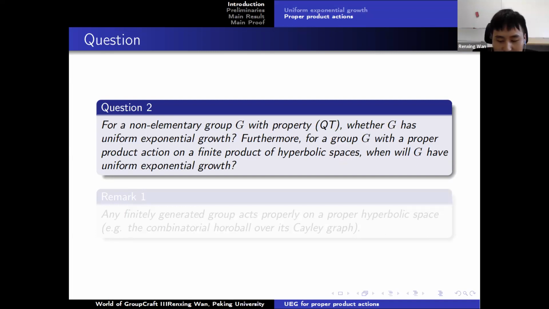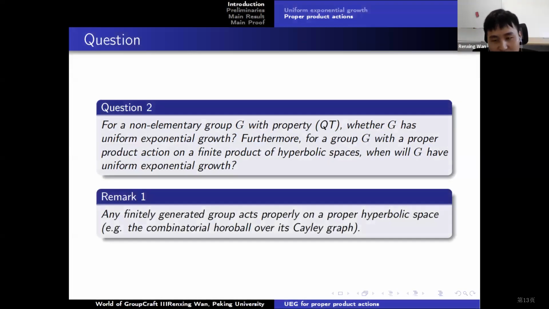Here is an interesting remark: any finitely generated group will act properly on a proper hyperbolic space. For example, you take the combinatorial horoball over its K-graph, then any finitely generated group will act properly on this proper hyperbolic space.